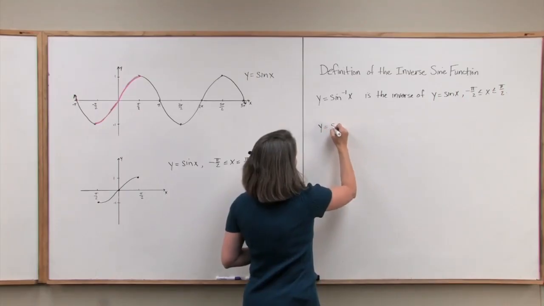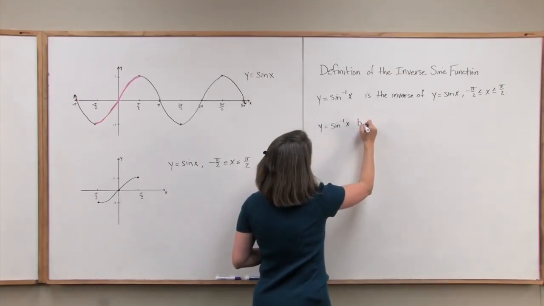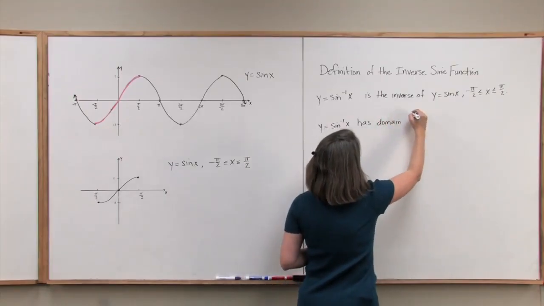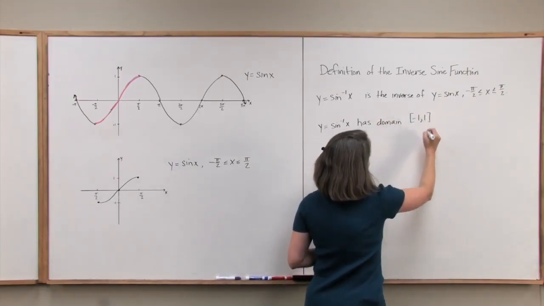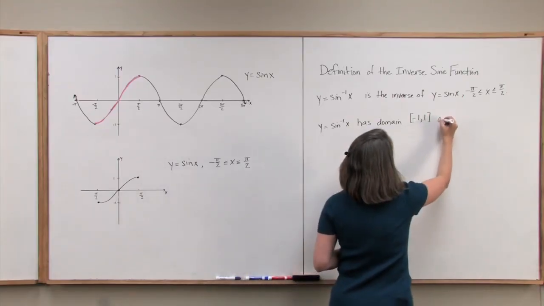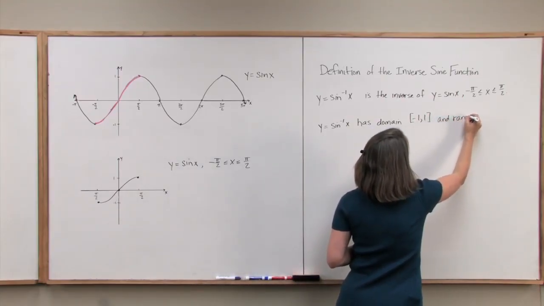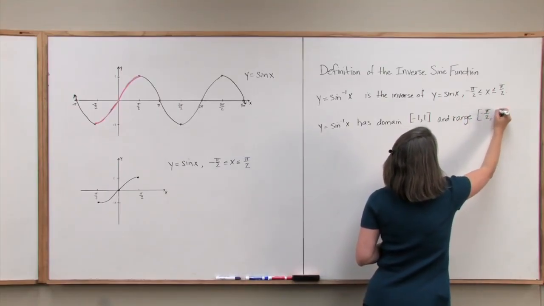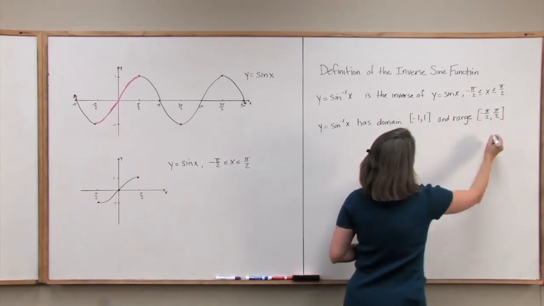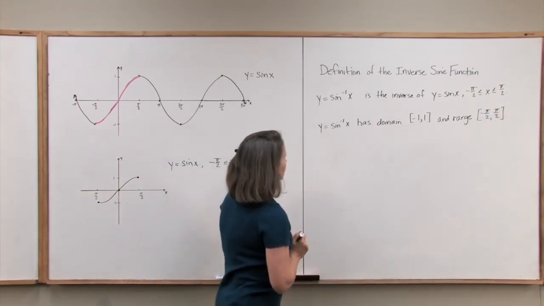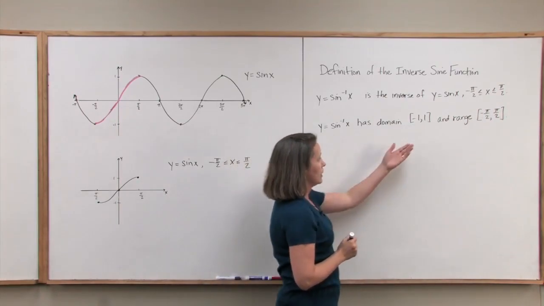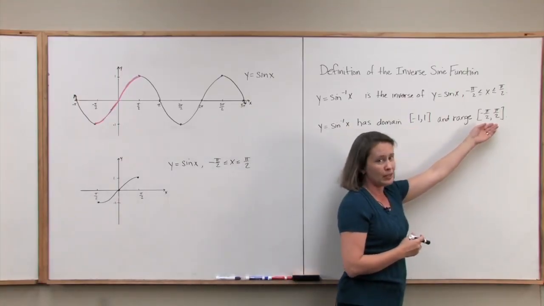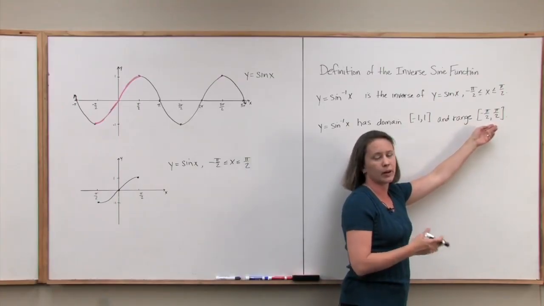This function, y equals the inverse sine of x, has domain the closed interval from -1 to 1, and range -π/2 to π/2. So our inverse sine function is going to take a real number in the closed interval -1 to 1 and return a unique angle in the closed interval -π/2 to π/2.